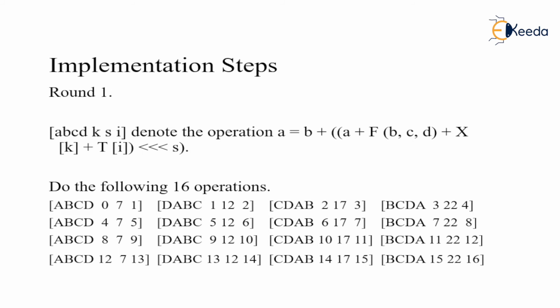A equals B plus A plus the functionalities on B, C, D plus X of K plus T of I, which then shifts 3 places, and then S. For every round, we just have to perform the 16 operations. That means for every 512-bit block, we have to perform the 16 operations.